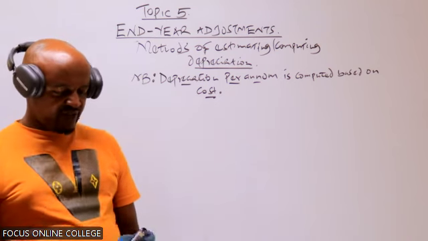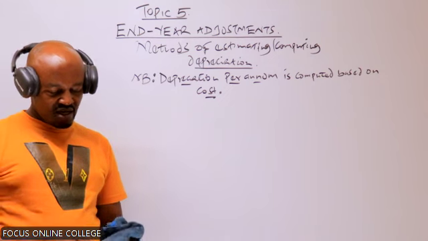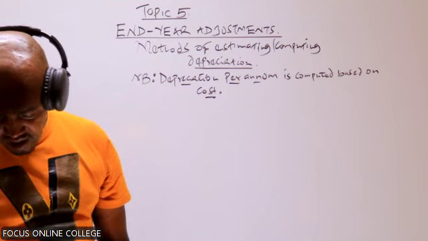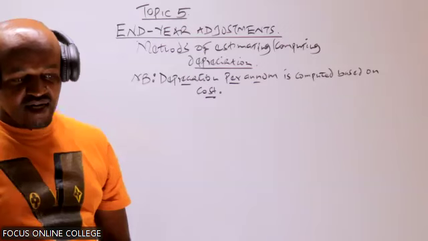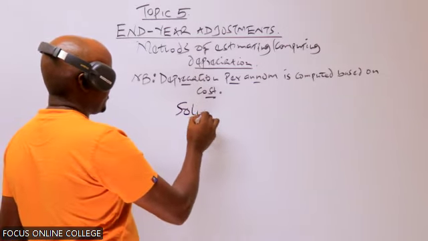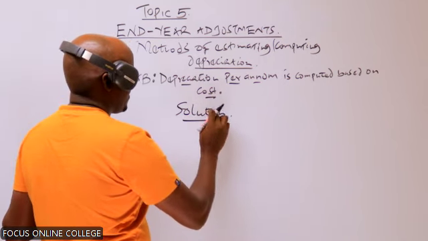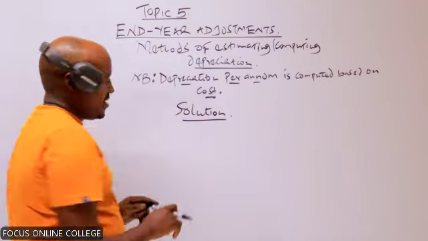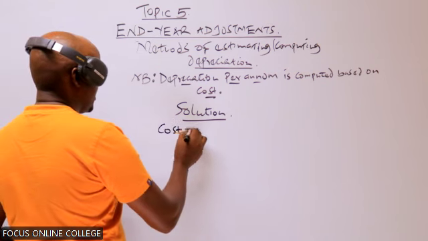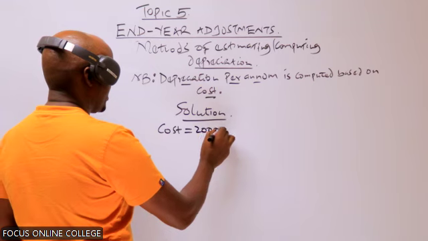So in that case, we are given information about a furniture. Basically, a furniture we know is an asset which was bought by this company, and you are told that that particular furniture had a cost of 200,000. That is the cost. The solution here: we are told the cost of that furniture is 200,000.